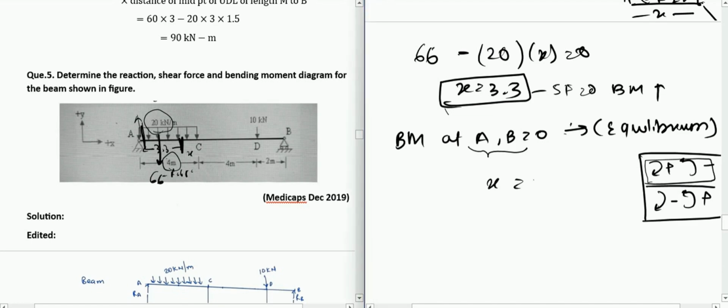Because of A, there will be a clockwise moment, which is positive, of course, because of the sign convention. At A, there is a 66 kilonewton force acting upwards, which means clockwise, which means positive. So it is 66 into 3.3 minus 66 into 1.65 because of the UDL. So here 66 into 1.65 will give you 108.9 as the answer.